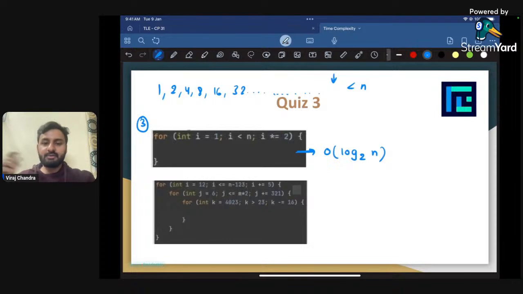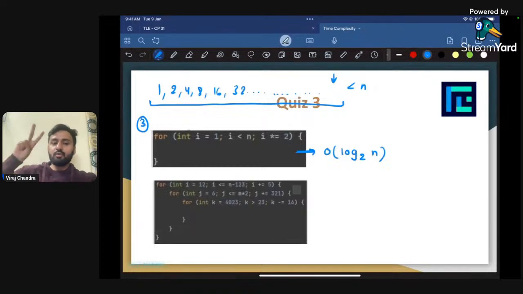Now, if I am able to count this length of segment, will that not be the number of times this for loop runs? Of course, because it became 1, then 2, 4, 8, 16, 32. Where it stopped is the number of times I'm counting. 1, 2, 4, 8, 16, 32. Okay, stopped. 5 iterations. Great. So this is something I want to count. So I'll generalize this. Let's say that this is the 2 power x term. Now you can understand that all of these are powers of 2.